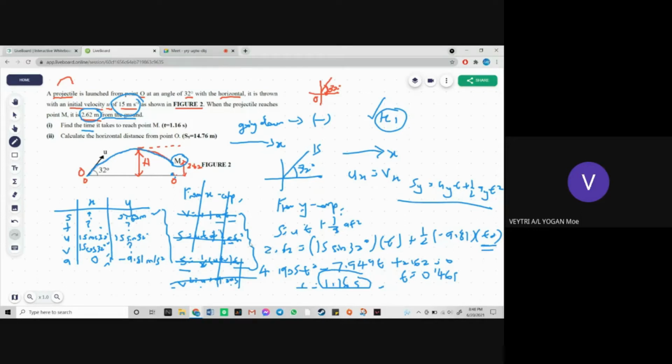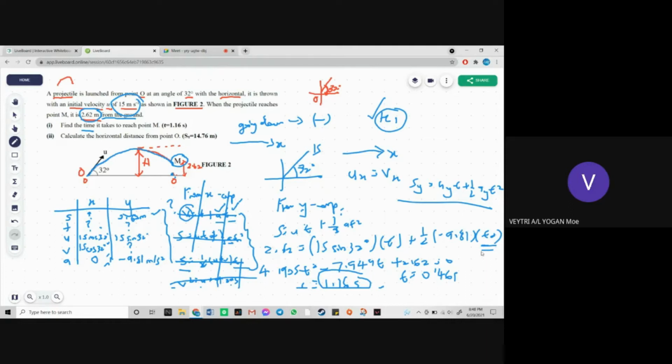Tengok, dapat tak balik jawapan untuk komponen lain. Let's say, you leave V sebagai question mark. Maksudnya you tak tahu, buat tak tahulah. You fill in U, A, T you fill in dengan value yang dapat. Dapat tak jawapan untuk V? Kalau dapat, then definitely that's the answer. That is case number 1. That is one of the ways that you need to test when you have two answers.